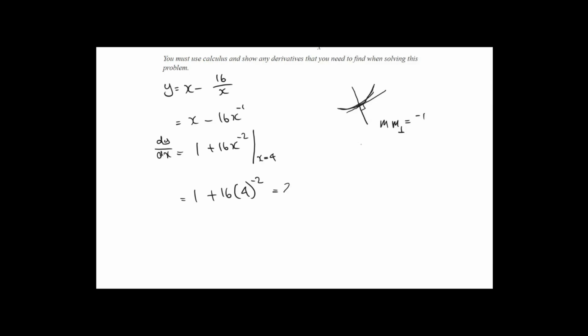So in other words, the gradient of this one here is 2, which means that the gradient of the perpendicular to that is going to be -1 over 2, because 2 times gradient perpendicular is -1. Therefore, when we rearrange that, it's going to be -1 over 2.